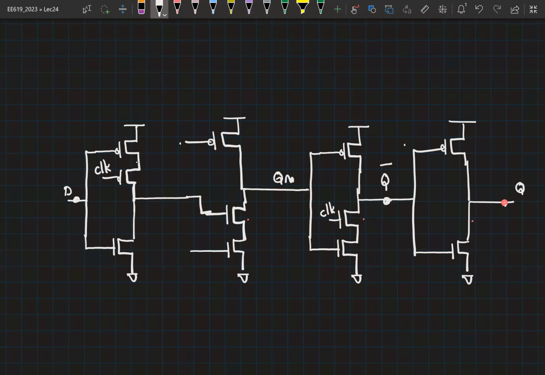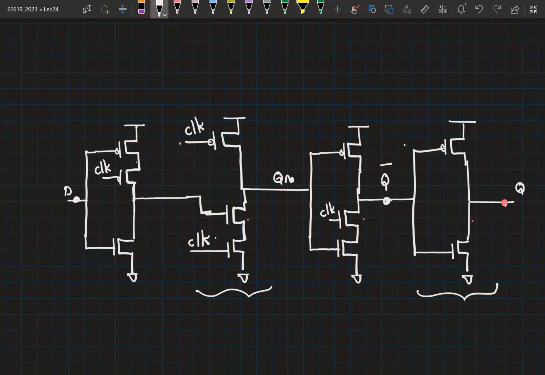Right? And this signal is now clock, and this is clock bar. Sorry, we can't have clock bar because then it is not TSPC anymore. This is also clock. Okay. So I have taken your TSPC flip-flop. I have replaced the last stage with an inverter, and I have replaced the second stage like this. Very minor changes.